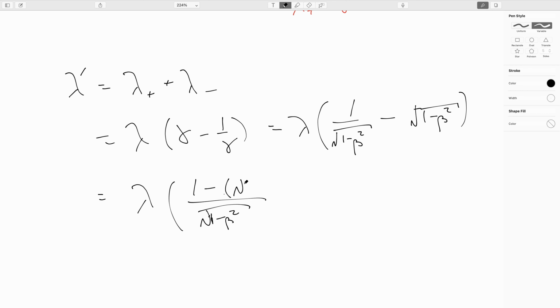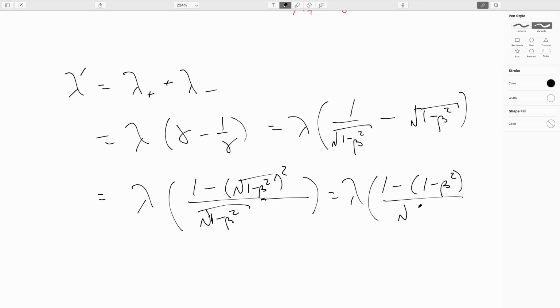So that means I have to multiply this by root 1 minus beta squared again. So this is root 1 minus beta squared, squared. So this will be lambda times 1 minus, well, squaring this out, it's going to give me 1 minus beta squared over root 1 minus beta squared.